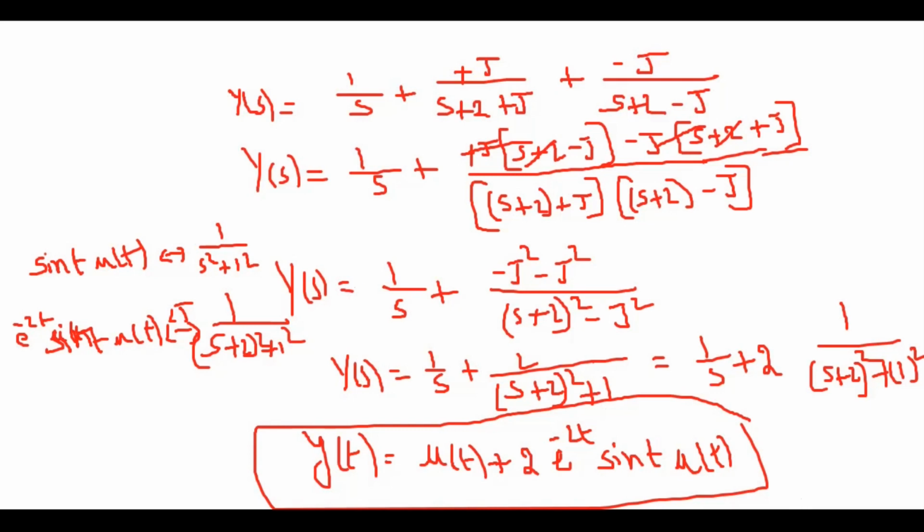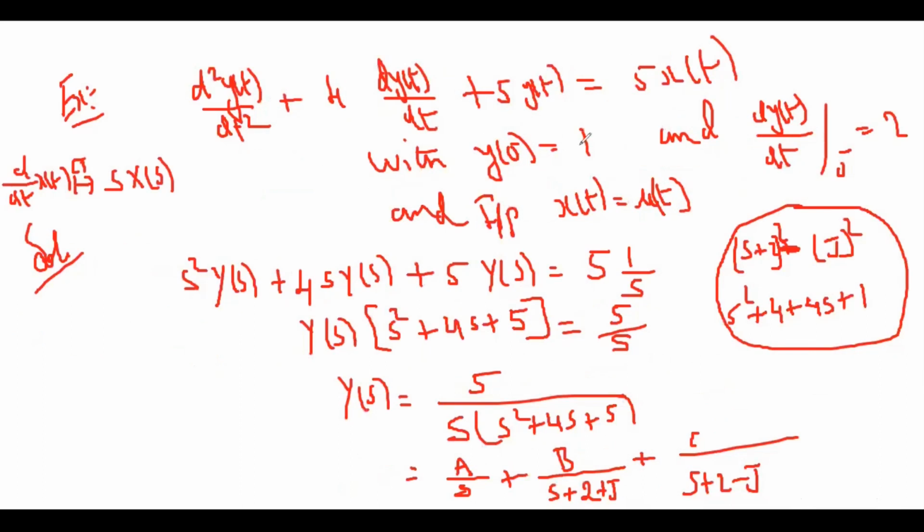And in the given equation, see here, we are not using the y of 0 minus is equal to 1 and the dy by dt of 0 is equal to 2. When is it useful? Whenever you apply this as unilateral. Here I am applying the bilateral. If it is unilateral, then s square y of s minus y of 0 is there.